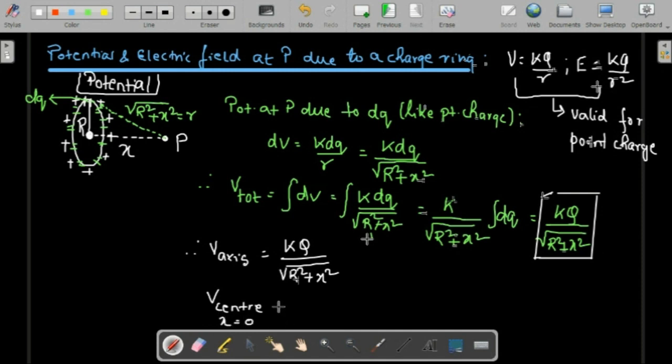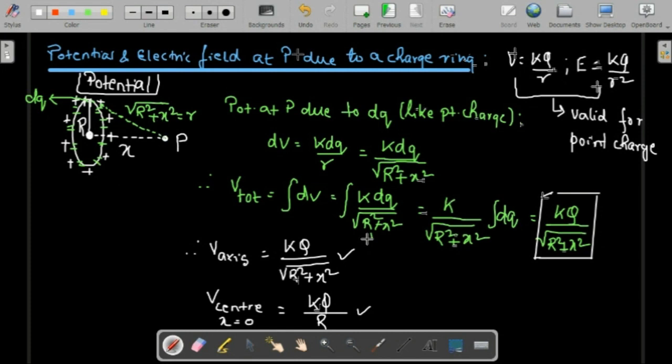So at that particular point, it would be kQ divided by root over r square, which is r. Please remember these formulas, very handy. If you need to solve, you want to derive, you need to use them a lot. So this is the potential because of a ring of charge.